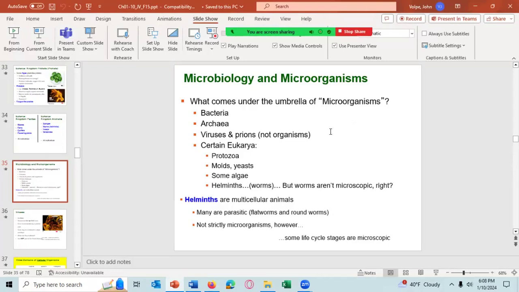And then microbiologists have been studying disease-causing organisms, and some of the worms do definitely cause disease. Now, with that stated, the helminths, the worms, you should realize they are multicellular animals. Many of them are parasitic, but not all of them. In fact, the majority of the worms are not. All of the parasitic worms are either a flatworm or a roundworm.